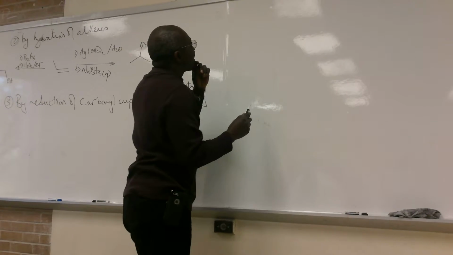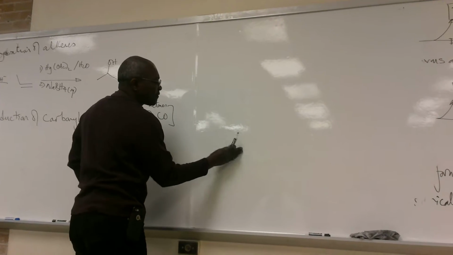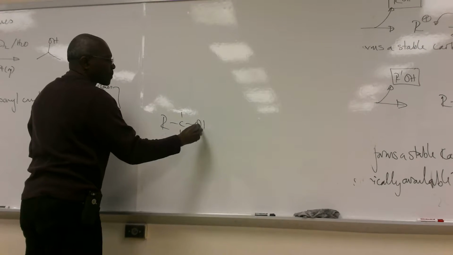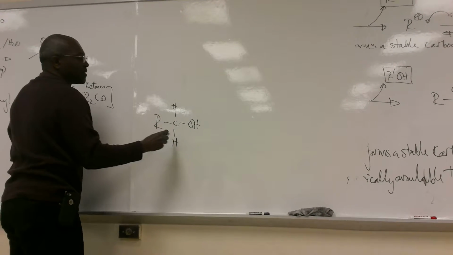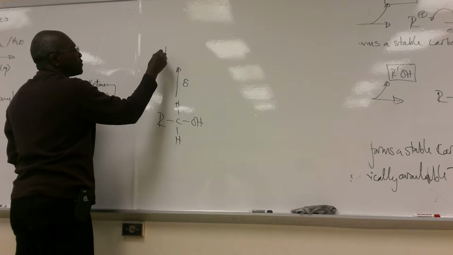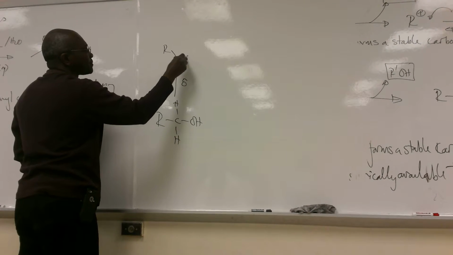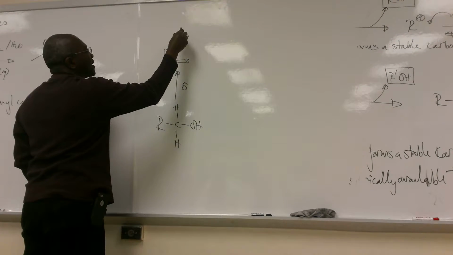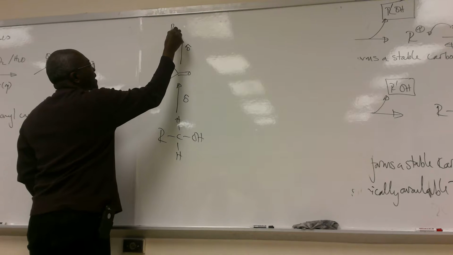And we said that if I have, for example, a primary alcohol, I can oxidize it into the aldehyde, and I could actually oxidize the aldehyde into a carboxylic acid.